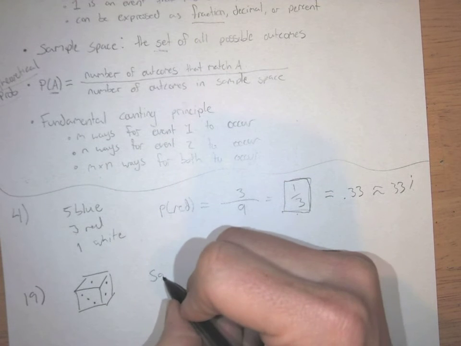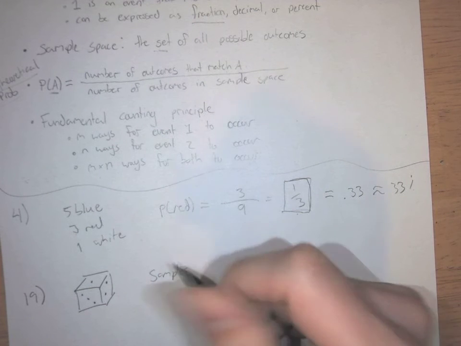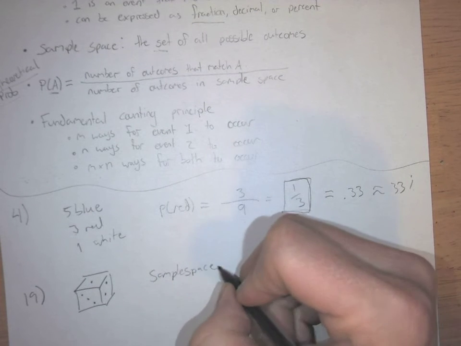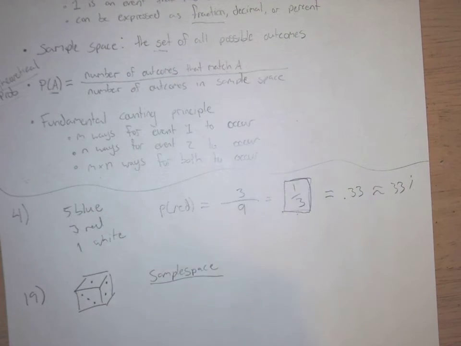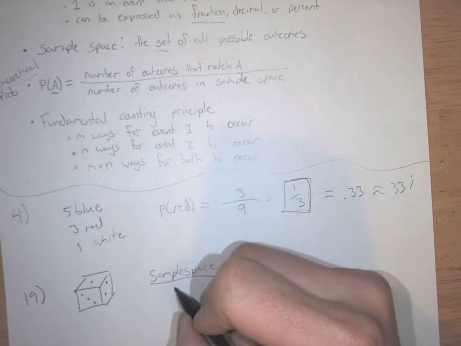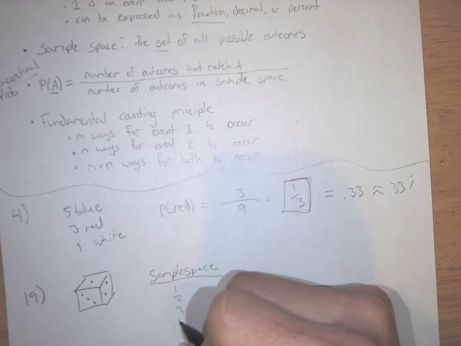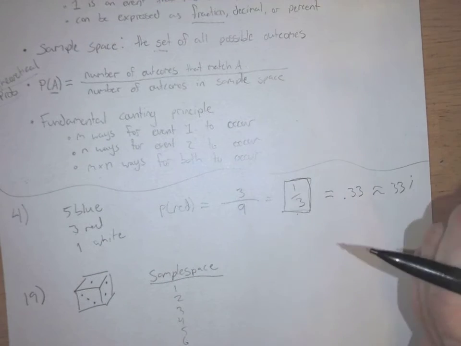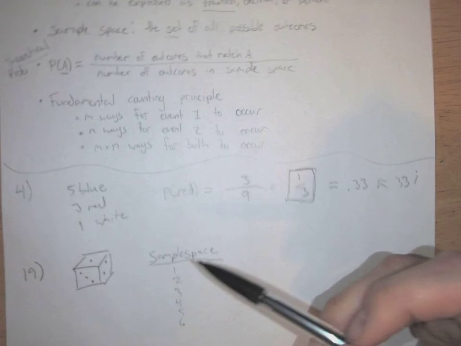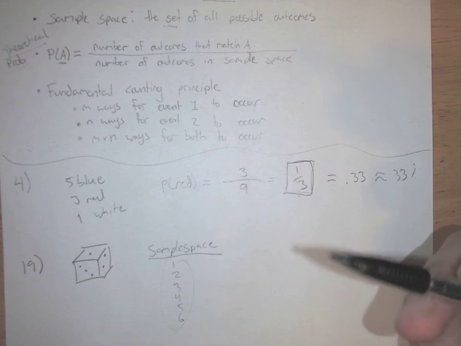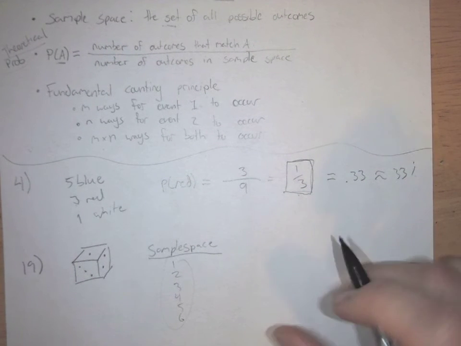So the sample space, all the possible options that you could get from rolling a 6-sided, regular die, is you can get 1, 2, 3, 4, 5, or 6. That's the sample space. So the size of the sample space, or the number of outcomes in the sample space, is 6. There's 6 different outcomes you could get there.